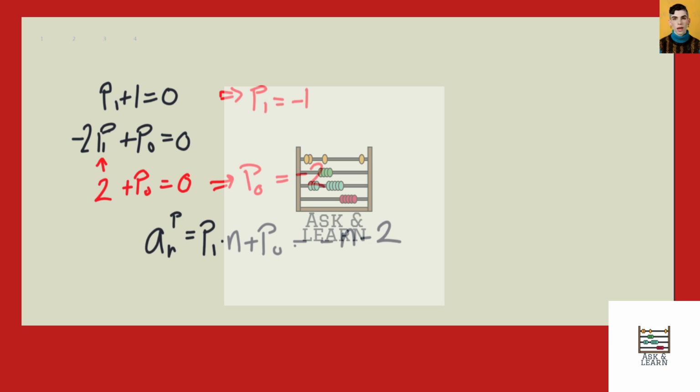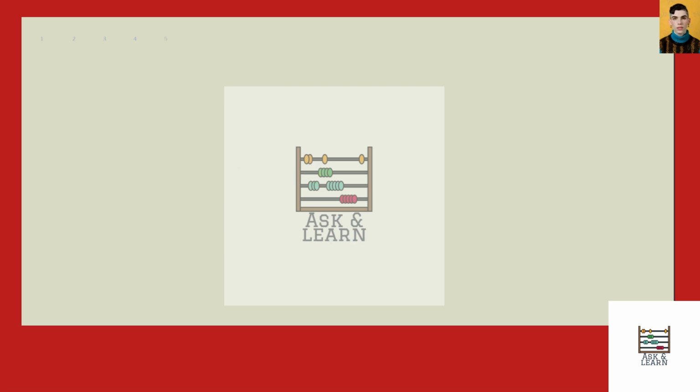The entire solution then is going to be our homogeneous portion plus our particular portion. So that is going to be alpha times 2 to the power of n minus n minus 2. So we'll use our initial conditions to evaluate it at n equals 0 and find alpha.